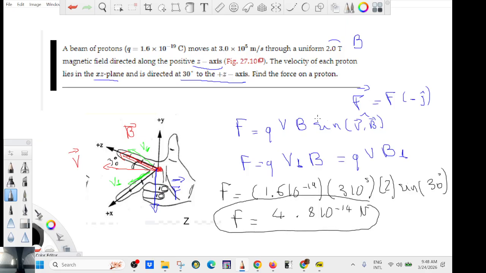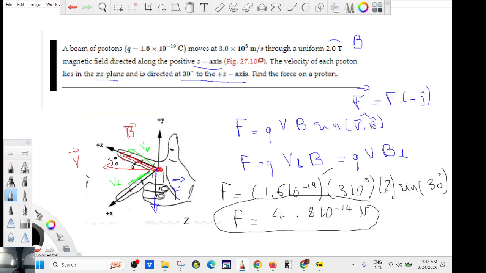Now it's from your book. So if you have the textbook in Canvas, I think there is a video also, but it's important to understand that the cross product only works if you have a component perpendicular to the other vector. Again, velocity has two components.